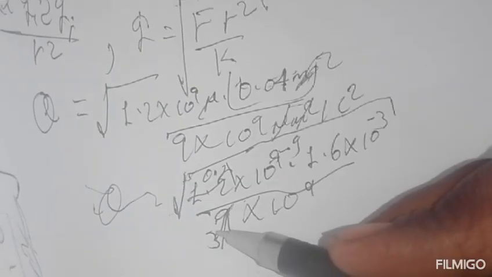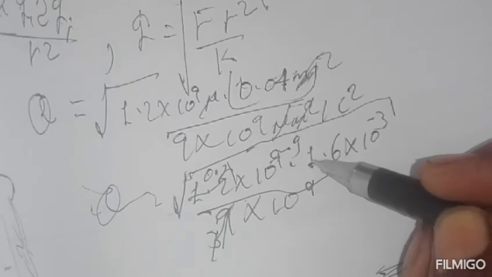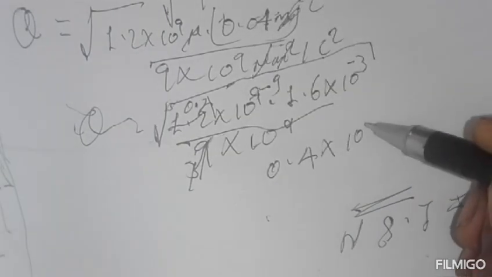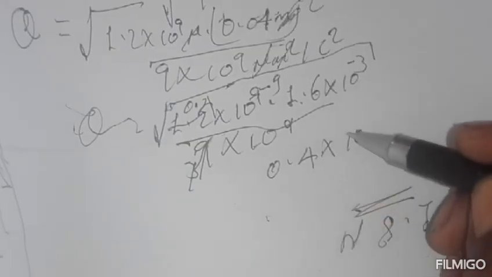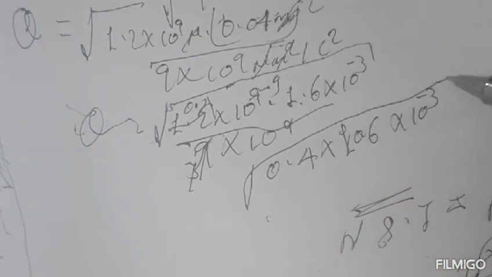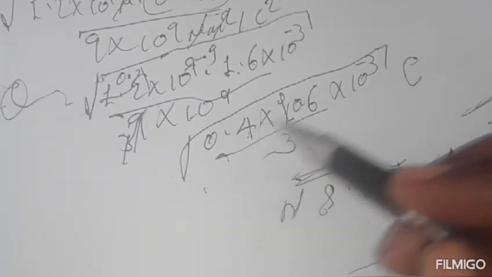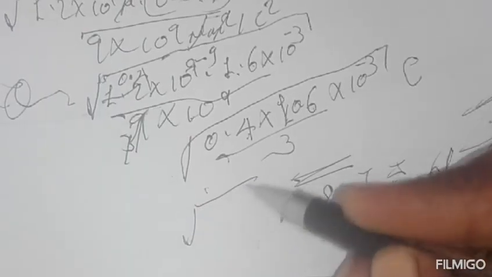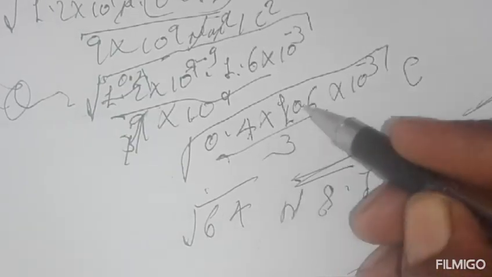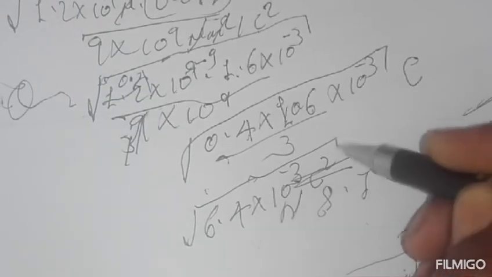So 0.4 times 1.6 times 10 to the power of minus 3 over 3, and Coulomb remains. Now multiplying, 4 times 6 is 24 under the square root, 4 times 1 is 4 plus 2 is 6. So 6.4 times 10 to the power of minus 3 Coulomb square under the square root over 3.